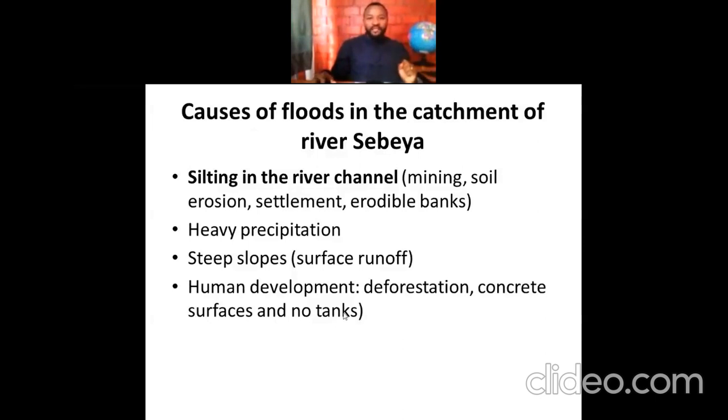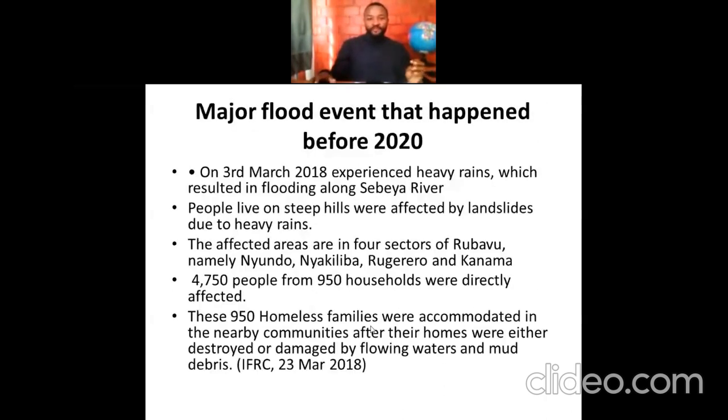And they don't have tanks, as I said before, to harvest rainwater. So all rainwater from the roof of the houses flows down slope towards the river, increasing high discharge.